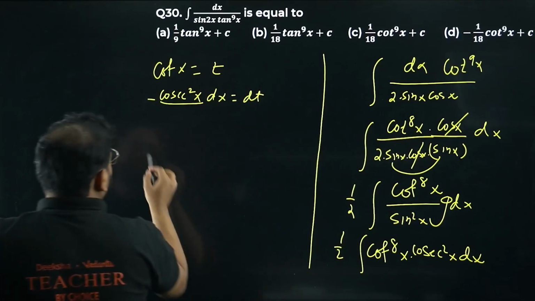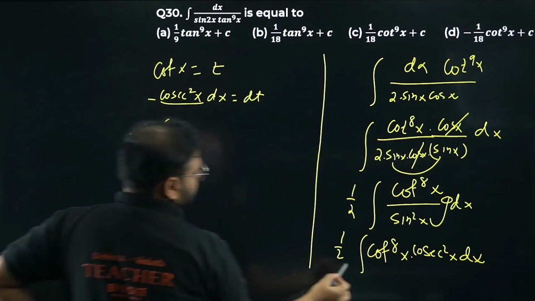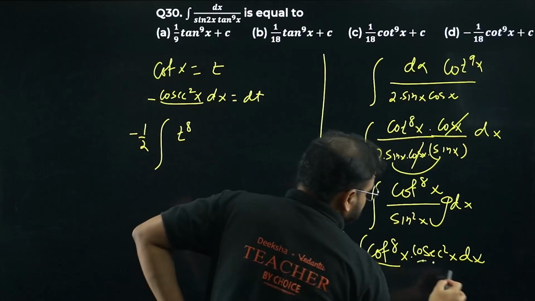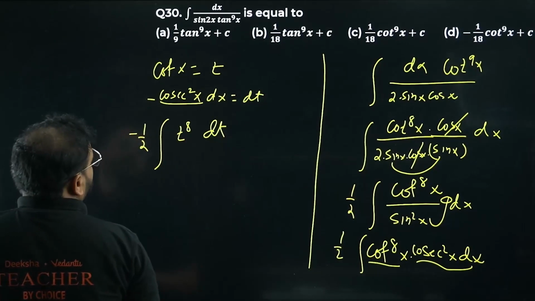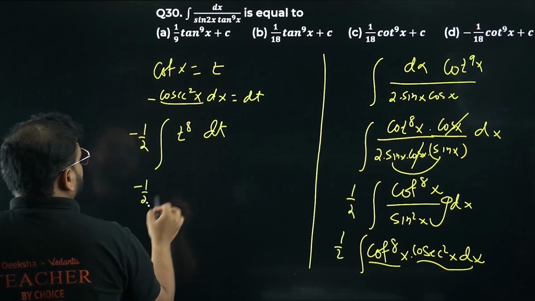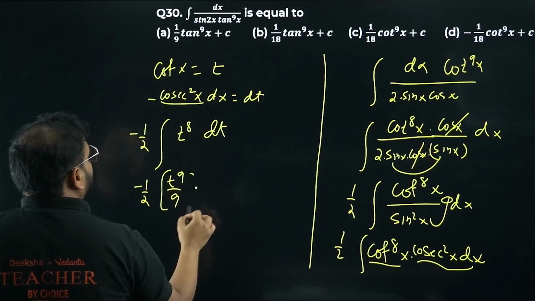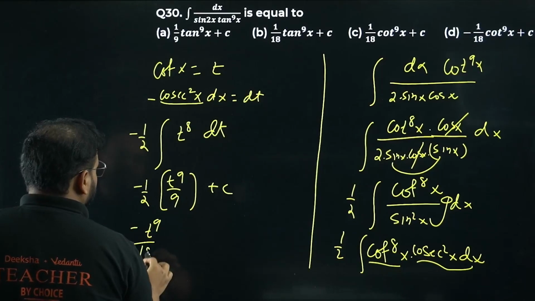So integrate this, you'll have minus 1 by 2, and this will be t power 8. I've already taken the minus sign outside, it will become simply dt now. So I have 1 by 2 t power 9 by 9 plus c. I have minus t power 9 upon 18 plus c.